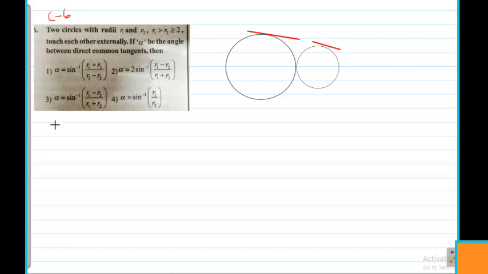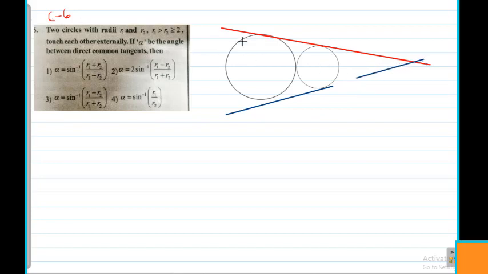This is one of the direct common tangents. So this is another direct common tangent.